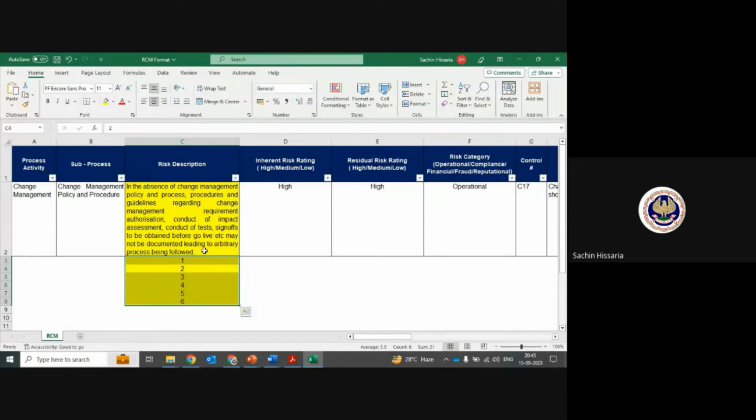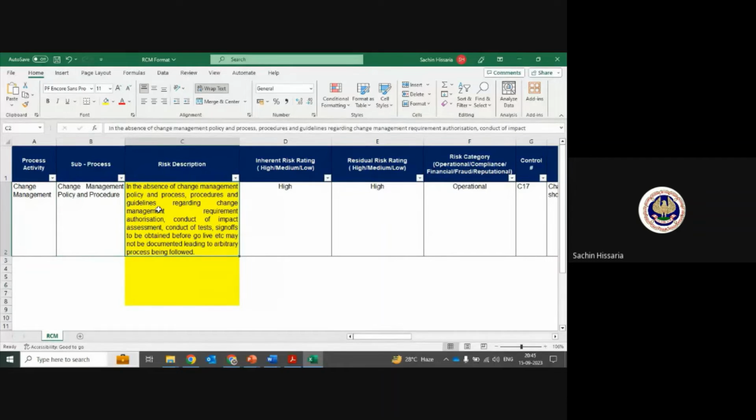It is like a risk assessment sheet for an auditor. For example, this is my change management process. Now, suppose the organization does not have a policy and procedure document in place, what is the risk?